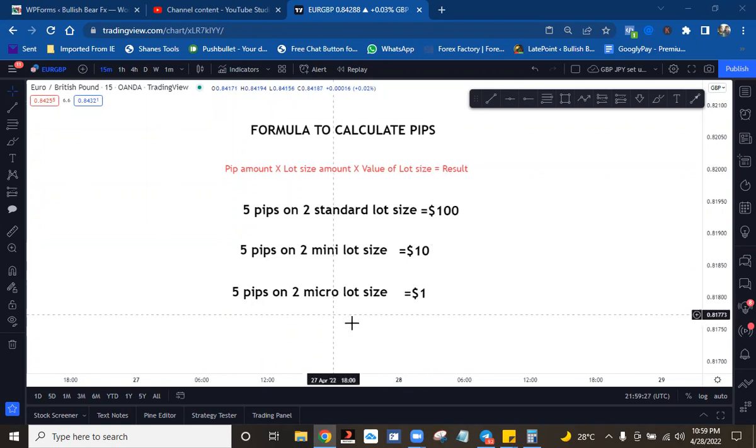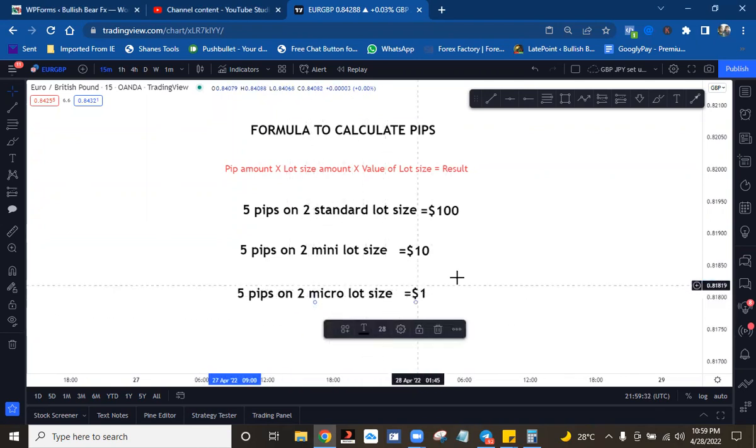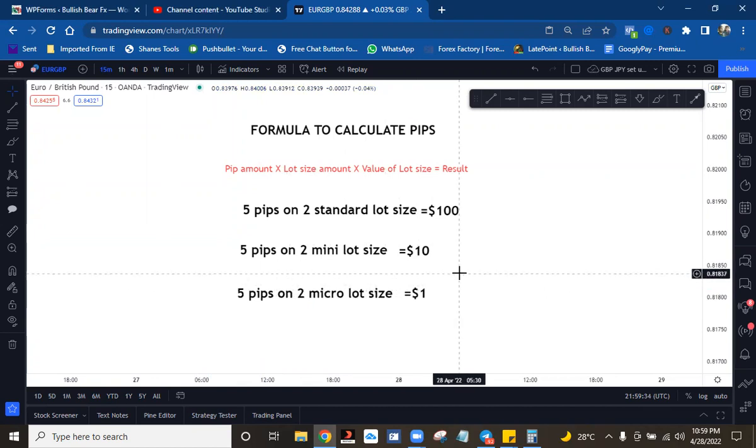Same thing for a micro lot size user. So what's the difference between the 3 of them? You don't need somebody to tell you now. The difference is the huge amount they are risking, or the huge amount they are capable of risking, or the huge amount they have in their accounts.